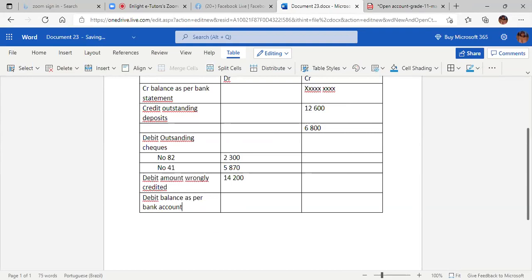We're recording it on the debit balance because it was 91,735. And then let's insert another row below.